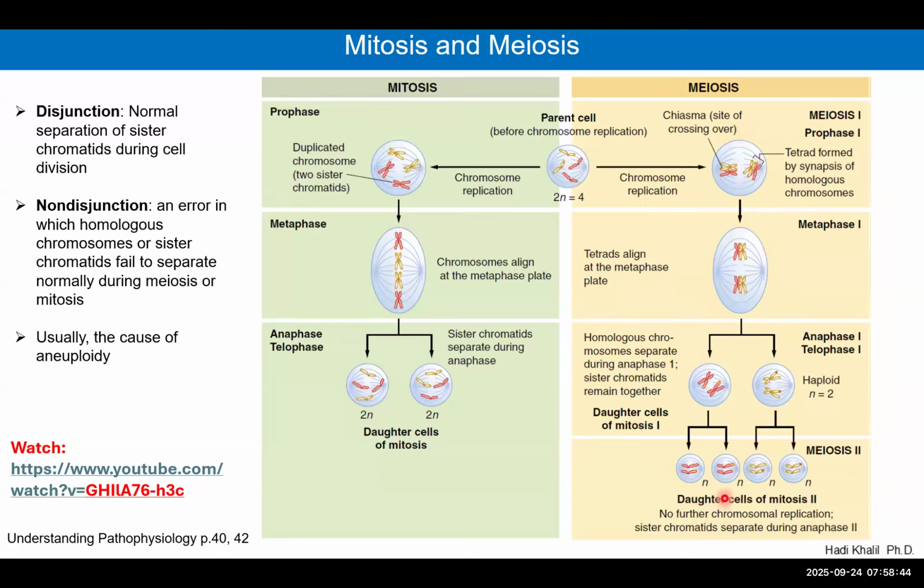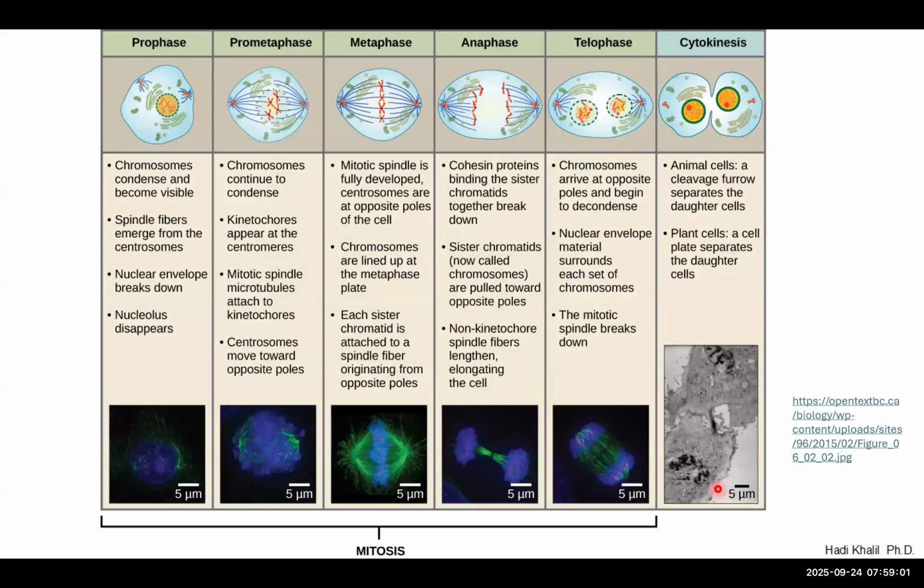Each one of these has only 23 chromosomes, ready to be, if this is a sperm, fertilizing the egg in order to get back to the 46 chromosomes and produce an embryo. And here there's a description for you of all the steps of what happens in mitosis.